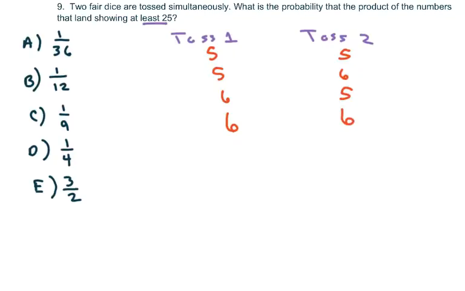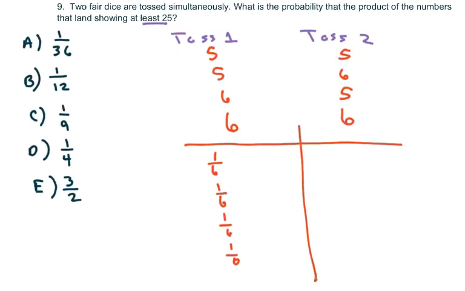Okay, so now we've got to replace these with actual probability. So the way to toss a 5 is 1/6, and all of these would be 1/6. That would be toss 1. And then for toss 2, it's the same thing, 1/6, 1/6, 1/6, and 1/6.